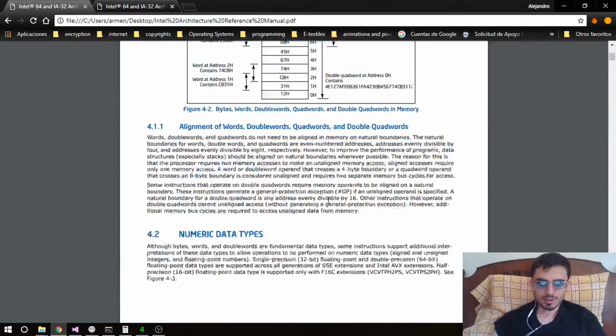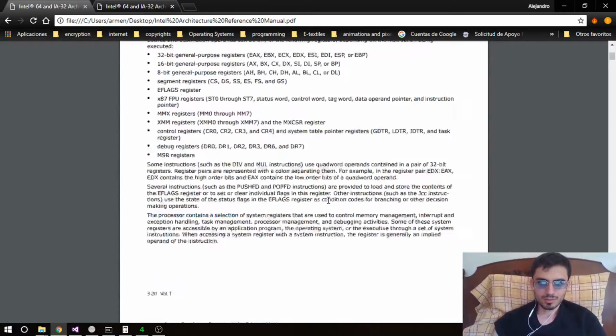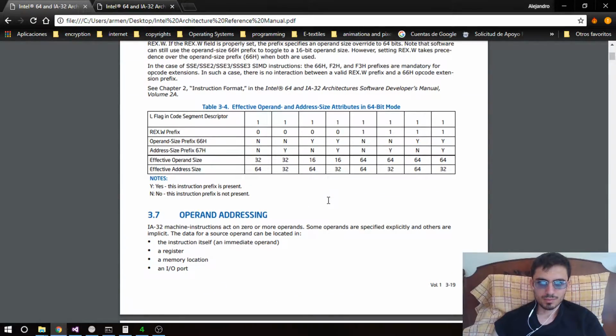Which basically is super close here. I don't know what it is. This is the one.